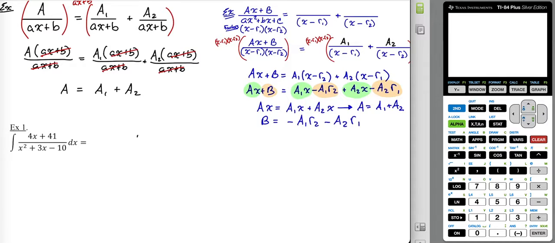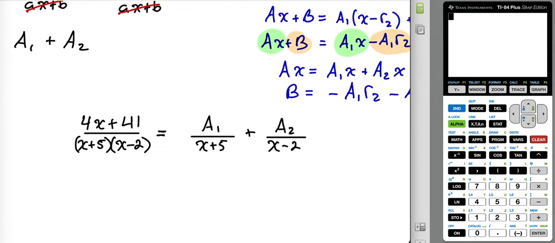So we have 4x plus 41. The bottom here is factorable to x plus 5 times x minus 2. So I'm going to assume that there's some constant numerator over x plus 5 and some other constant numerator over x minus 2.